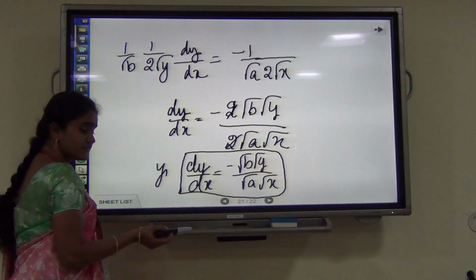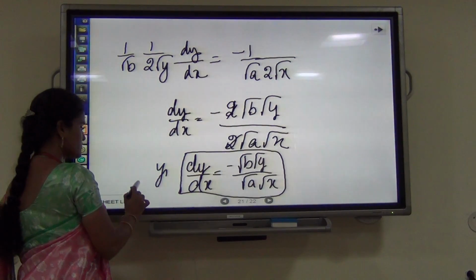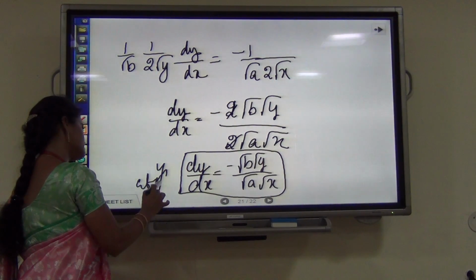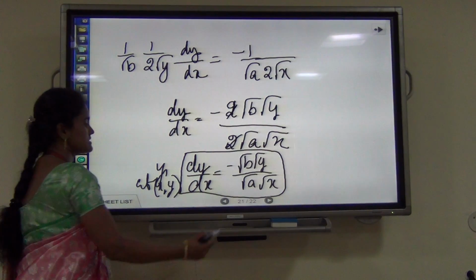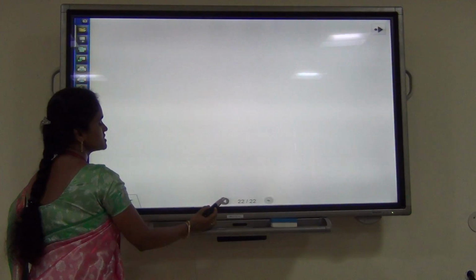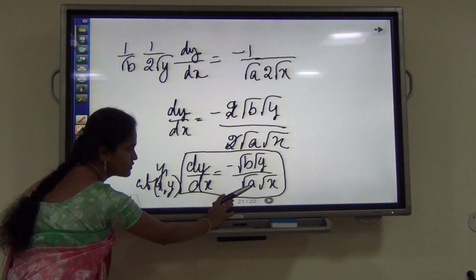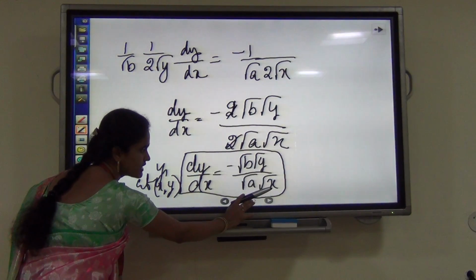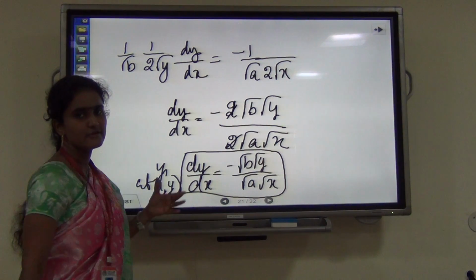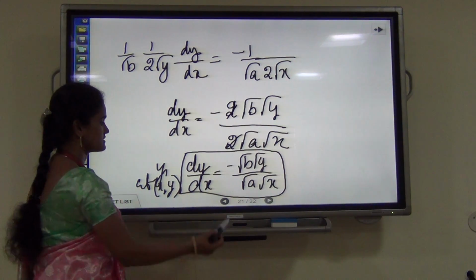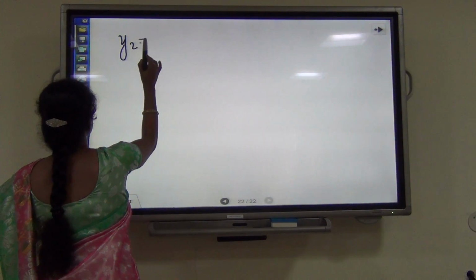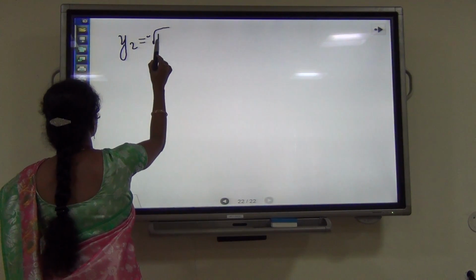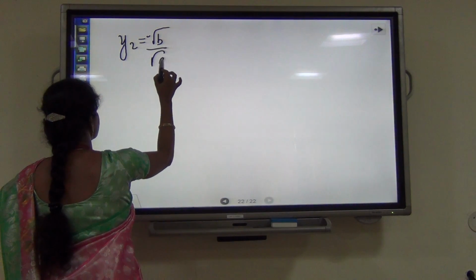Let us take this and differentiate again. Now this is y1 at the point x, y. Let's find y2. As we find y2, root b by root a will be constant. Root y and root x, how do you differentiate? By the u by v method we have to differentiate. So y2 is equal to minus root b by root a, taking the negative sign also as constant.